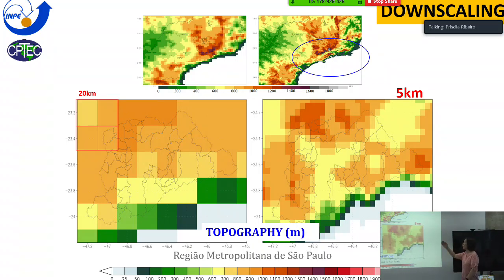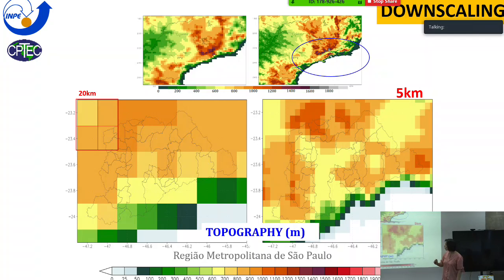For instance, in an area like this valley around us, we have a model at 20 kilometers. At 20 kilometers, this is the topography. For those in Sao Paulo, you recognize Sao Paulo and the metropolitan area. And this is the topography at 5 kilometers. You can see the difference.